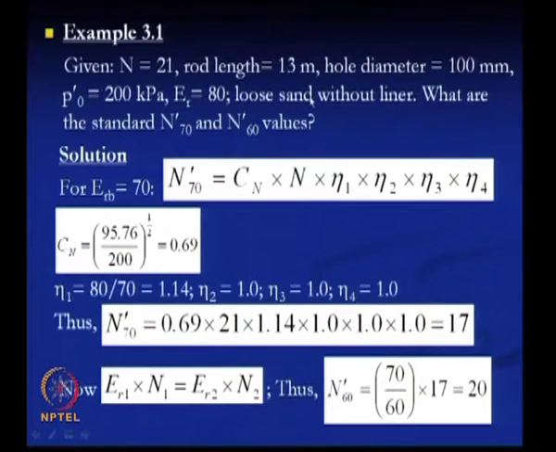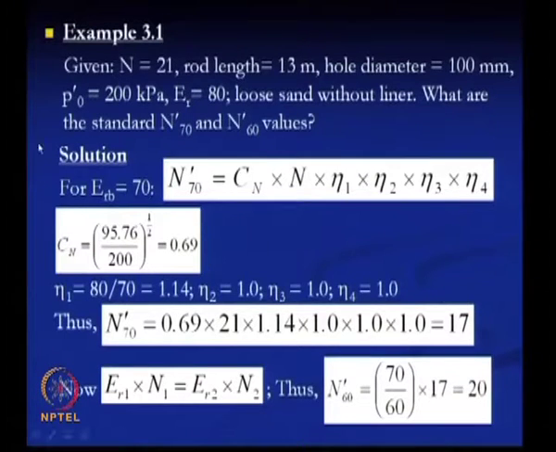The sand is loose sand and the sampler type is without liner. Then what will be the standard N value, or the corrected N value, under the standard energy ratio 70 and standard energy ratio 60?